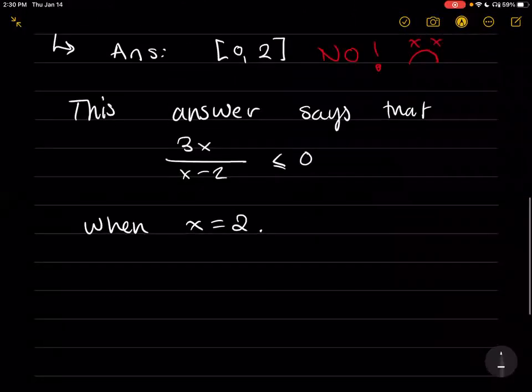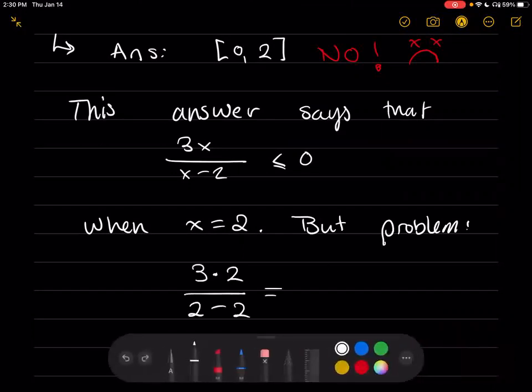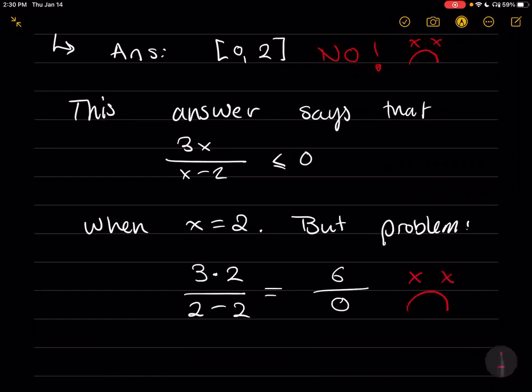But the problem is that if you plug in x equals 2, you get 3 times 2, that's okay. And then you get 2 minus 2 on the bottom. And then you get 3 times 2 is just 6 over 0. That's the issue here, is that the interval that you have has a point where it breaks math. And we don't want to do that.